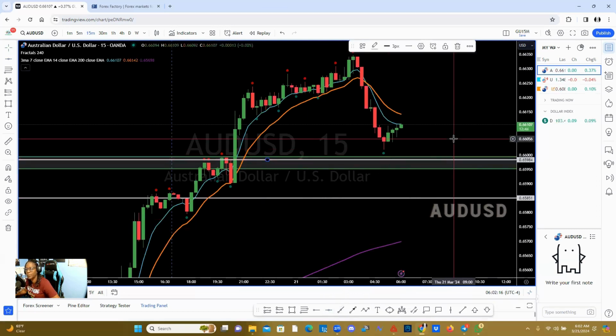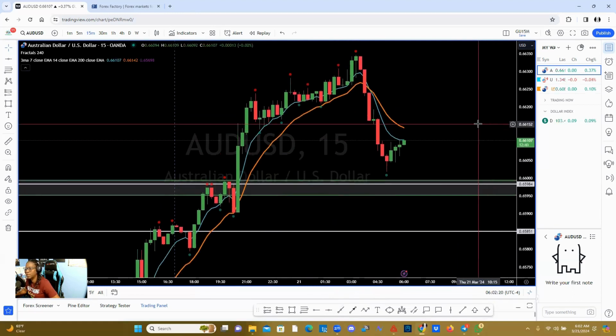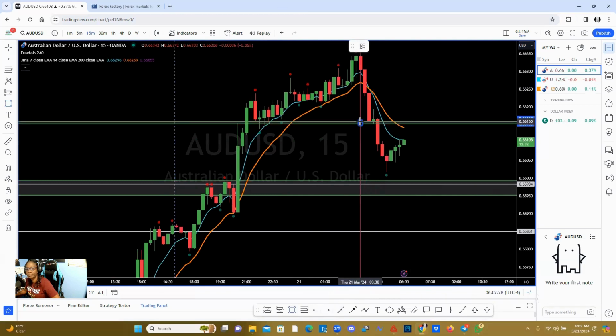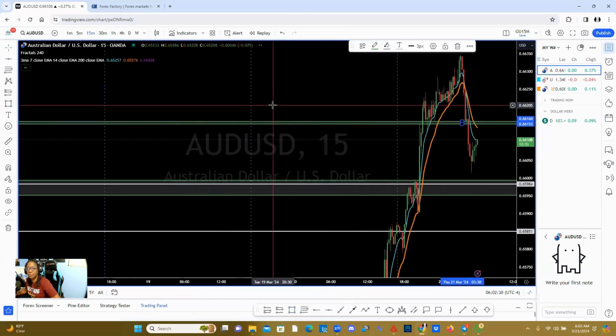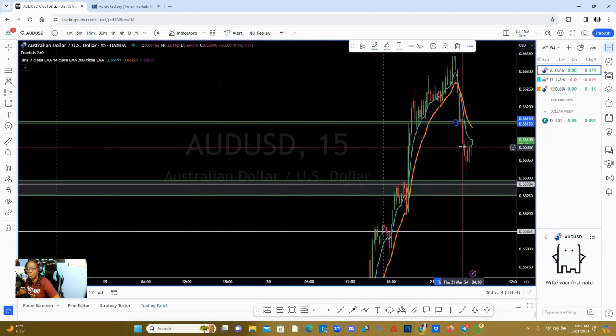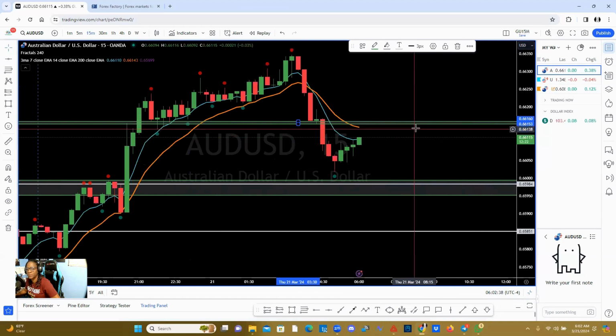So for now, the Australian dollar has that area of friction with supply. So I do anticipate price pulling back up.